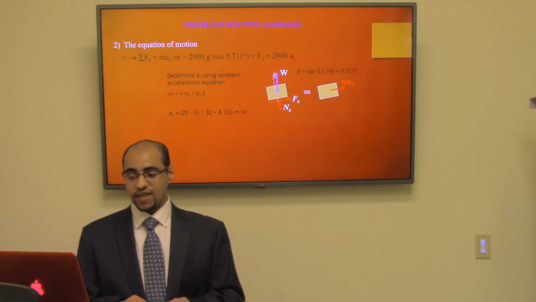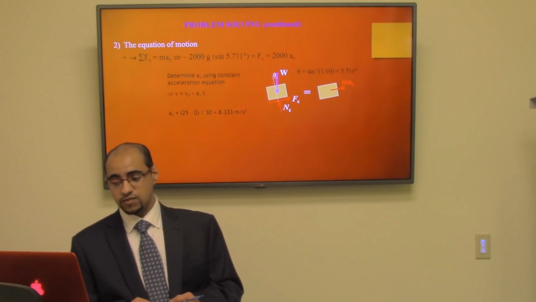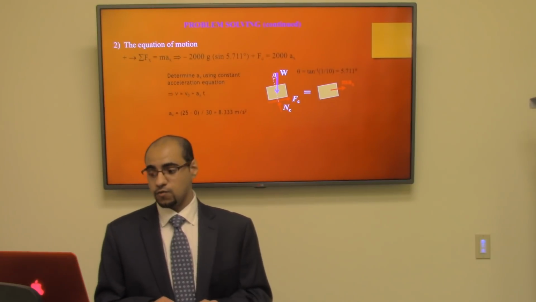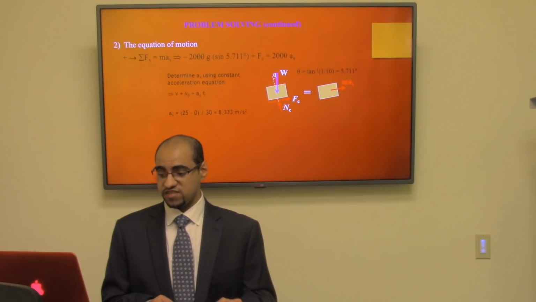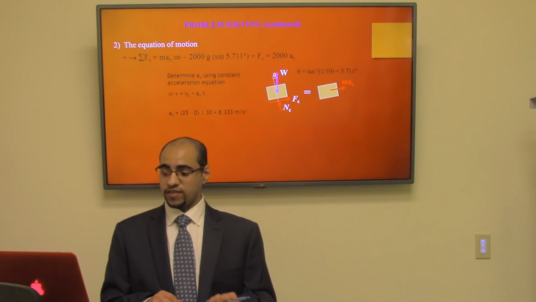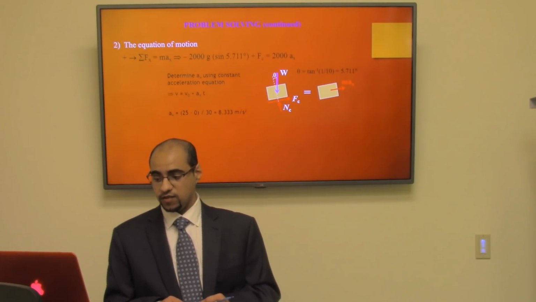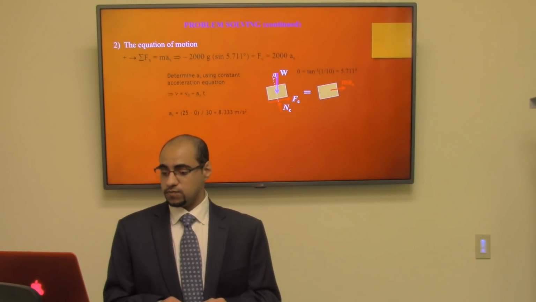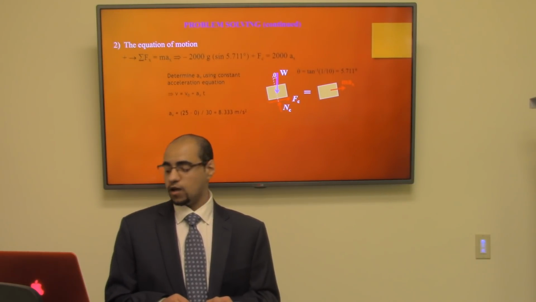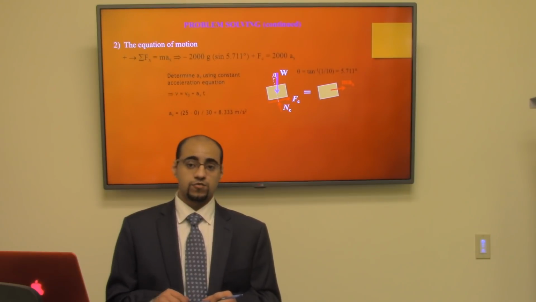To determine ax using constant acceleration, v equals v0 plus ax t, so ax equals 25 minus 0 over 30. So we'll have the acceleration 8.33 meters per second squared.